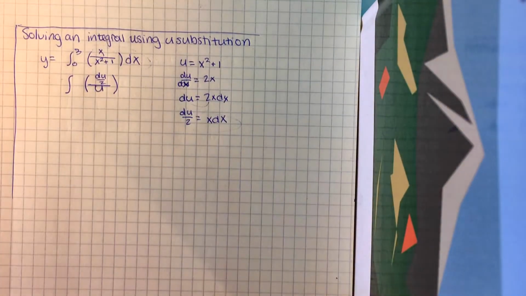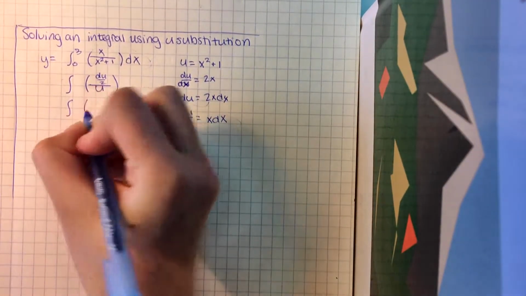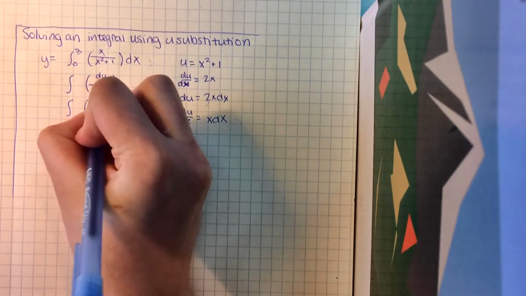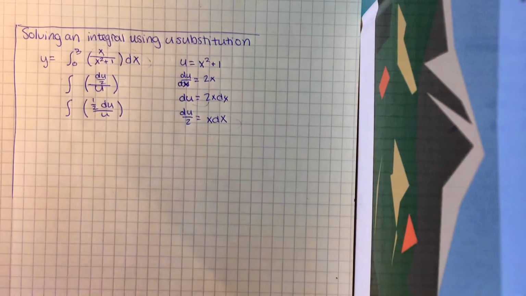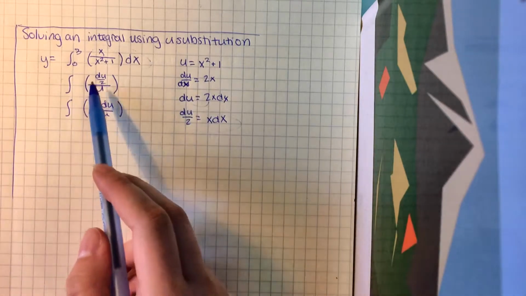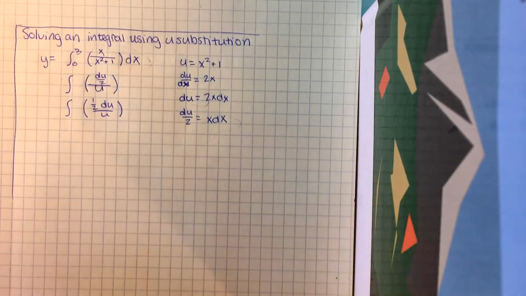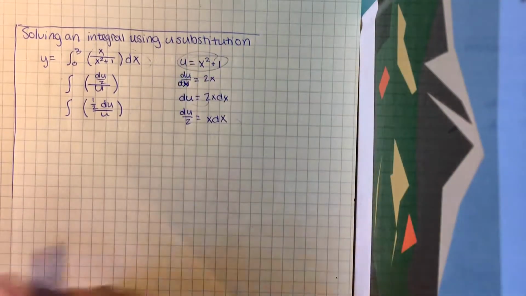And so this is our modified function. And we're actually going to simplify it a little bit more. So you're going to have the integral of 1/2 du over u. And at this point, we're actually going to plug the limits back in. But because they have changed, like I said earlier, from using x, and now we're using u, we're going to have to plug that in using this equation.